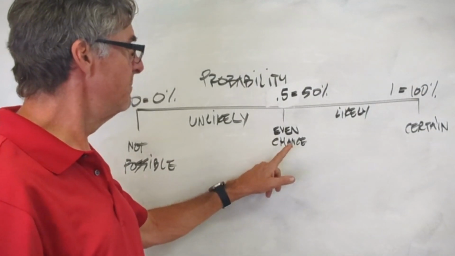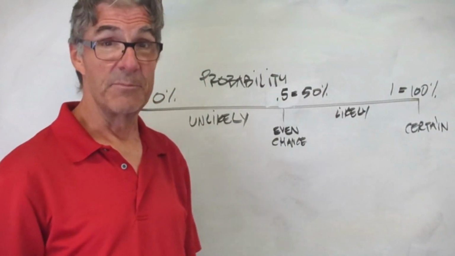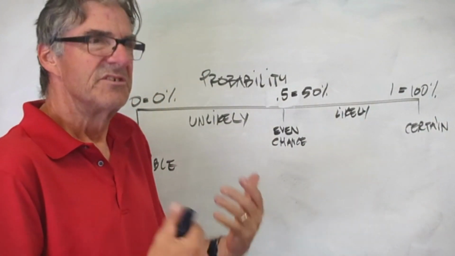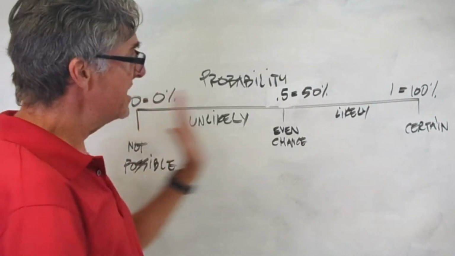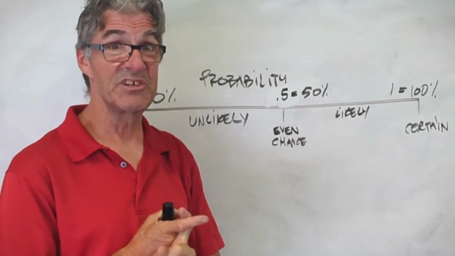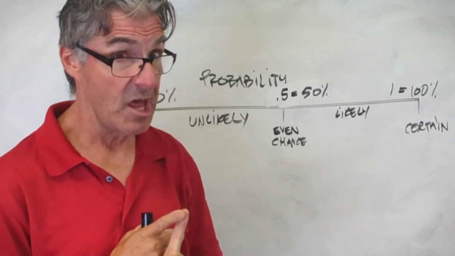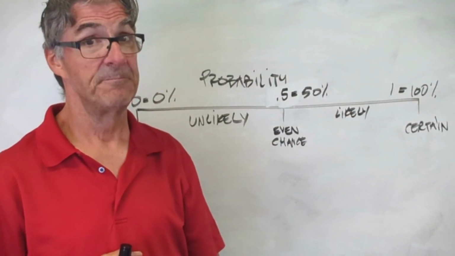By the same token, between the even chance and certainty, you've got an event that is likely, perhaps very likely, perhaps somewhat likely. But this is our territory. If you're calculating a probability and you get a number that's less than 0, like negative, there's a problem. If you get a number that's bigger than 1, there's a problem.